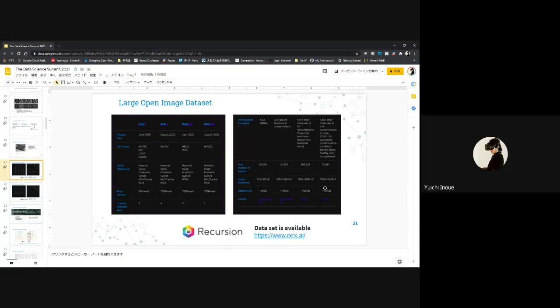It is true that this dataset is very large, but for the low dimensional embeddings, they also share smaller data. You can analyze this small data in Google Colab. So if you are interested, please try this dataset.